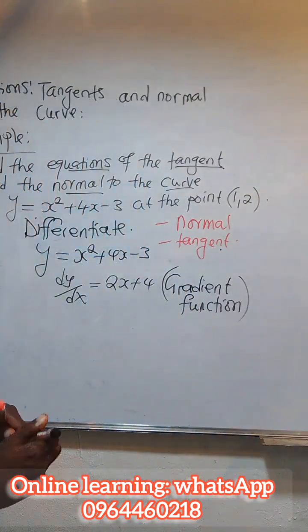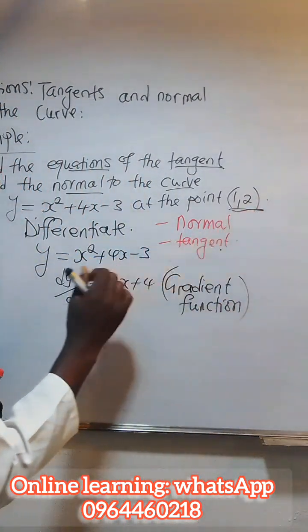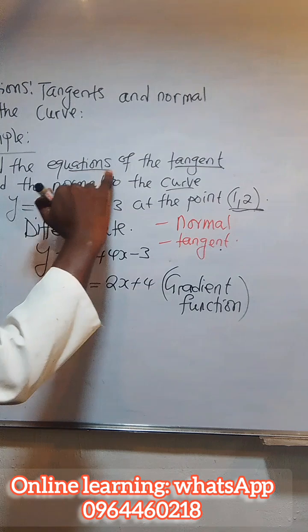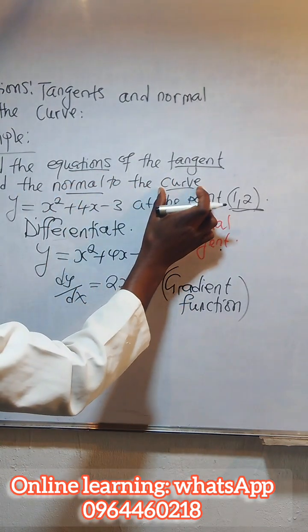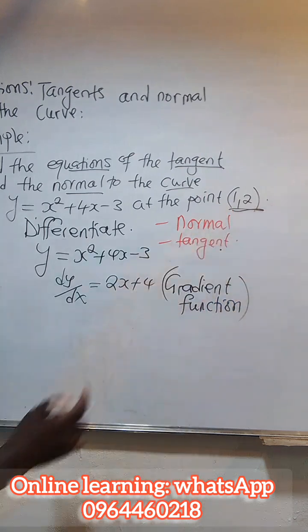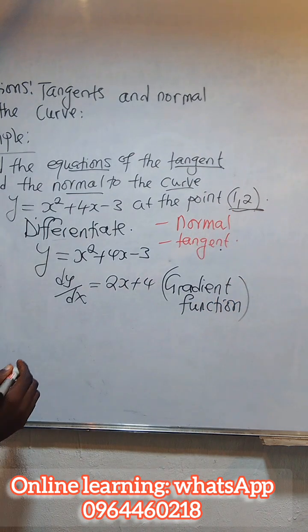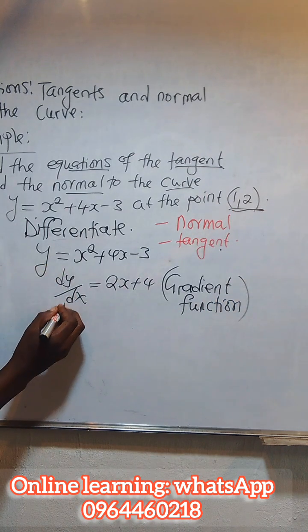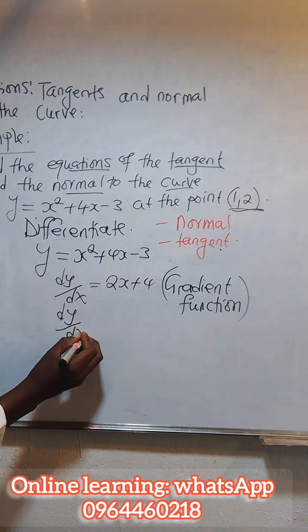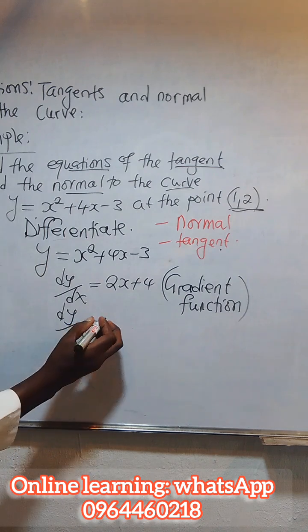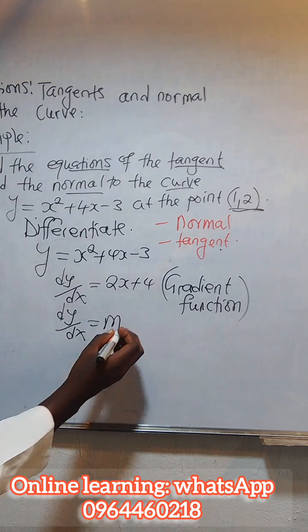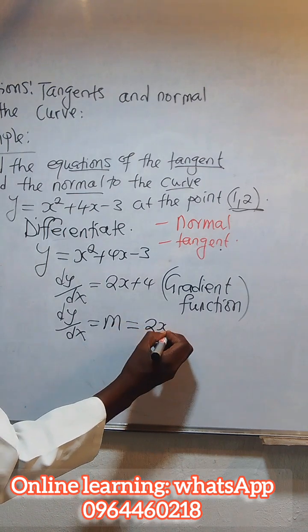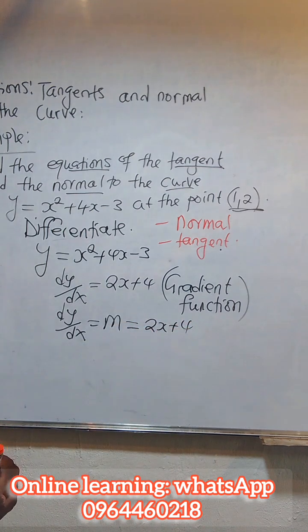So what we mean is that we have been told to find the equation of the tangent and the normal to the curve at this point. So now you can say dy/dx equals m, and m stands for gradient, is equal to 2x plus 4.